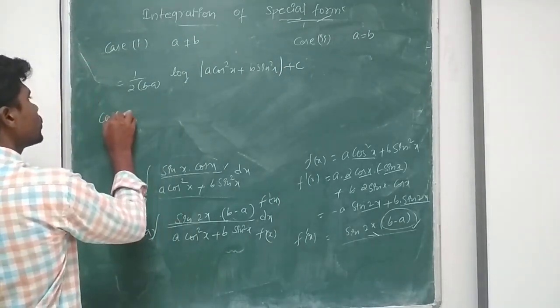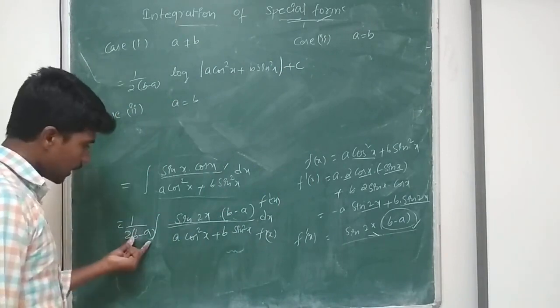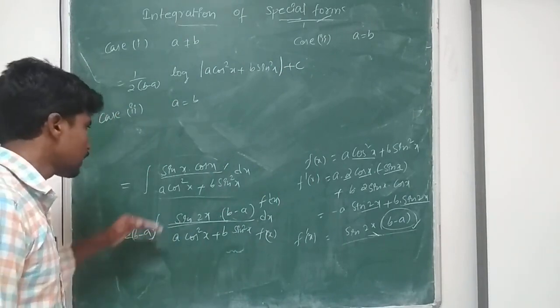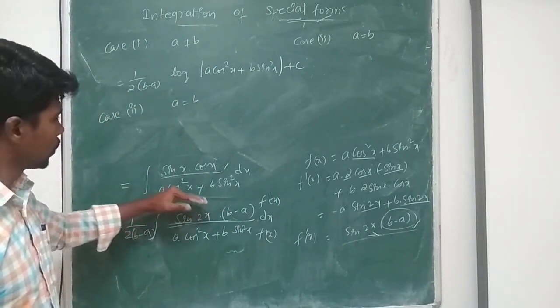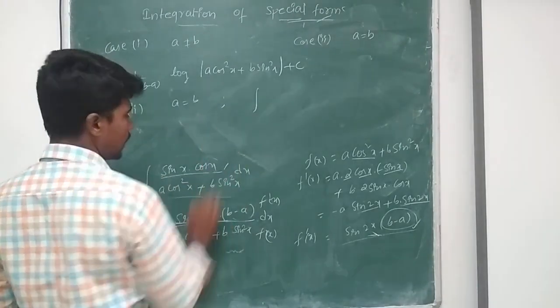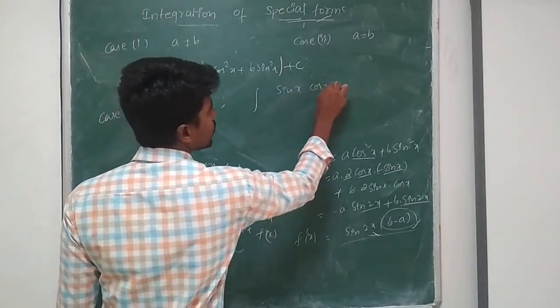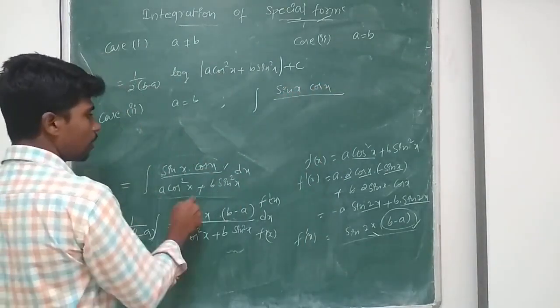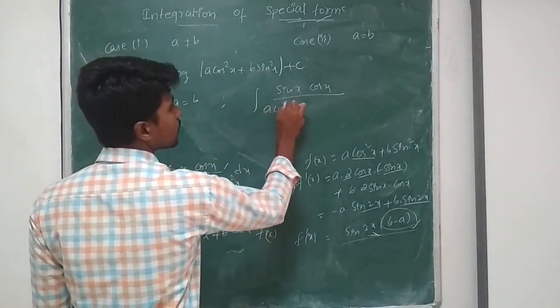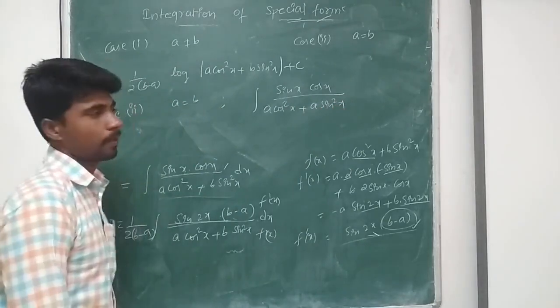Now going to case 2. If a is equal to b, here I get a 0. That's what, a and b I replace in this case. So if I replace in this case, this particular function changes as integral sin x cos x by a cos square x plus a sin square x.